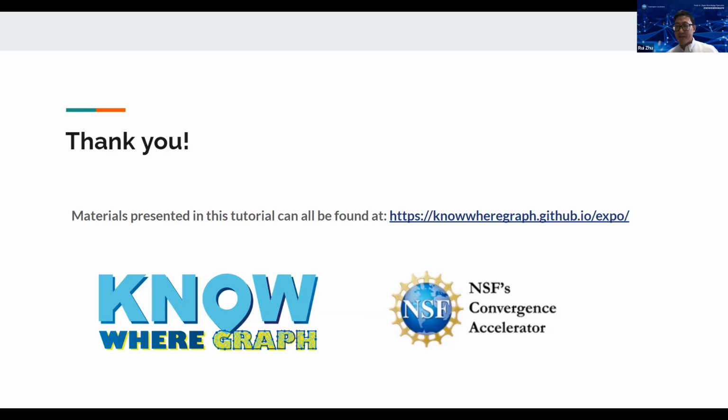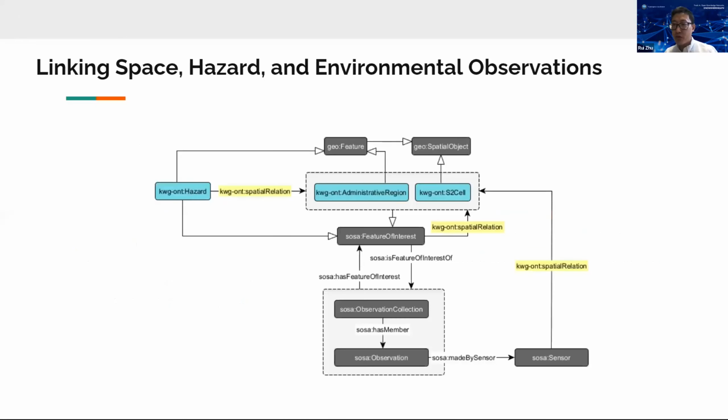We also have observations about the local climate environment around that specific region. So we have all these different observations. They are collected from different sensors. So we use the ontology called SALSA to try to integrate all these different sensors. And these sensors are from different data sources as well. And some of them, as Yano mentioned, are raw data. Some of them are actually derived from some computations. Hope that answers your question.